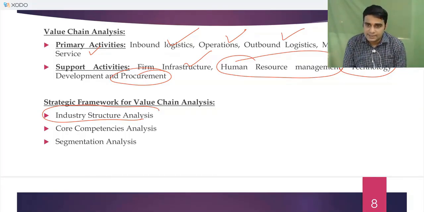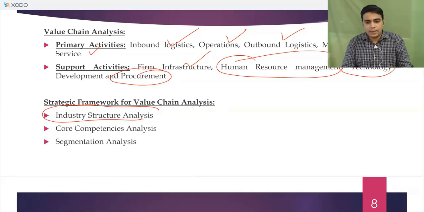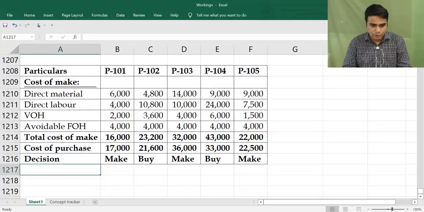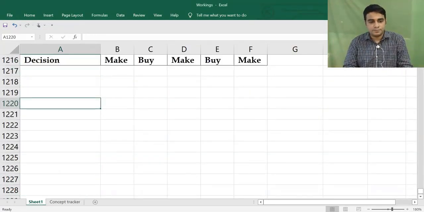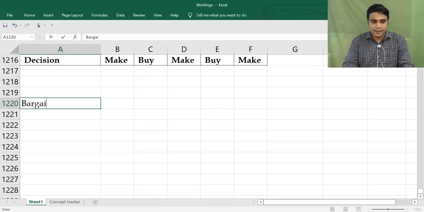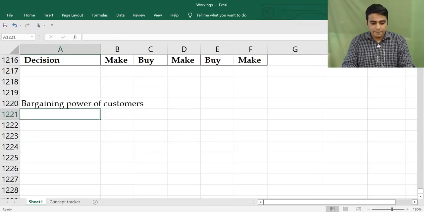In order to analyze the attractiveness of the industry, there were 5 factors which Porter had indicated. Can you tell me what are those 5 factors? You should know some of the factors. Bargaining power of, okay, power of customer, this was one factor. Bargaining power of supplier should be the second factor.